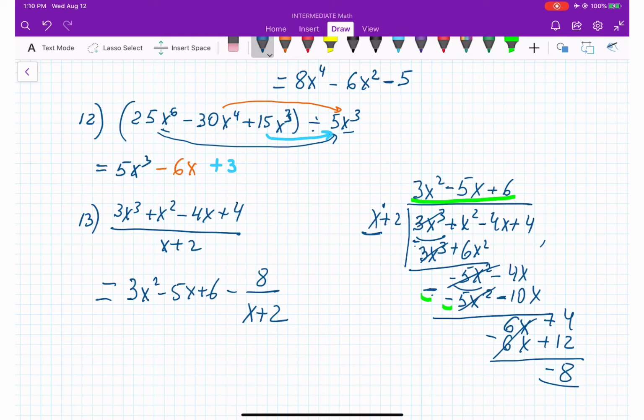All right? How do we know where we're going to stop and not continue? Because negative 8 means negative 8 x to 0, right? x to 0 is 1. So I have here 0 and here I have 1. So the degree of x has to be less. Once it's less, then you are done with division.